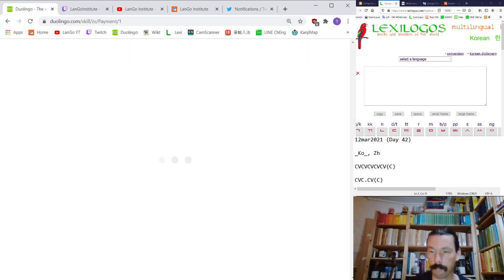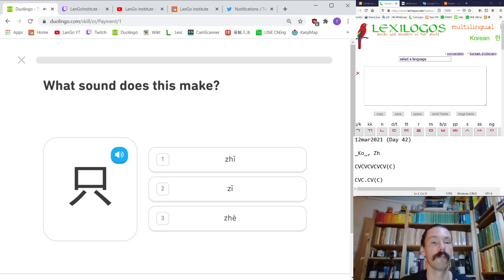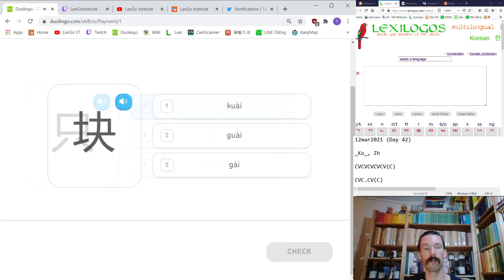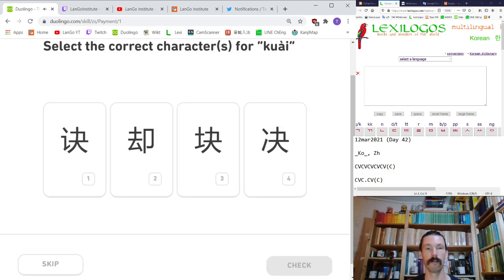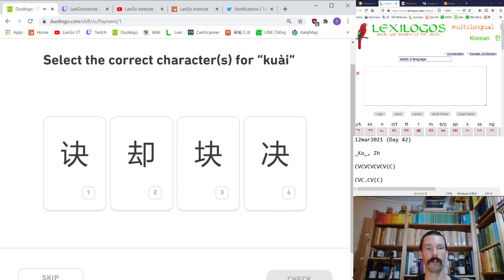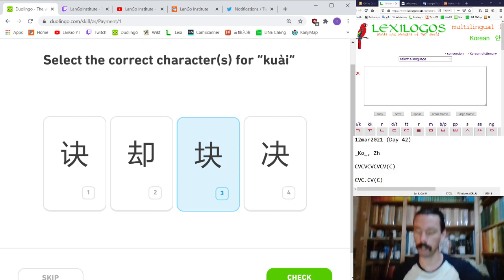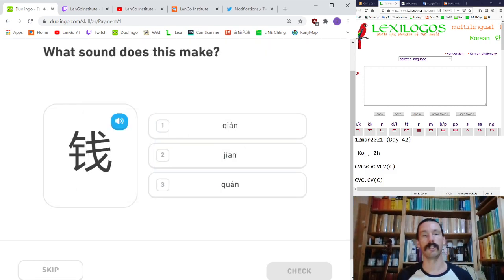Payment. Third tone. 快 Kwai as the Earth radical. 快 It's basically lump, but it's also for unit of currency like a dollar. 钱 It's the informal variant word.